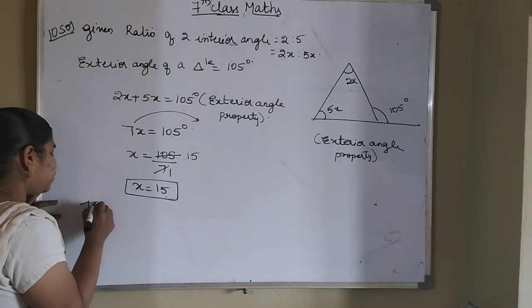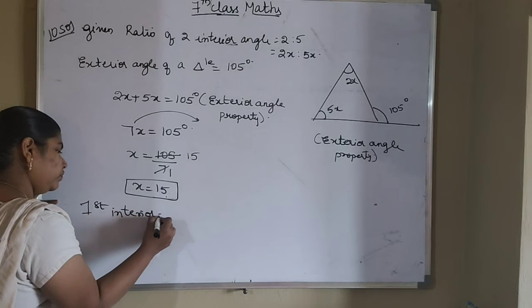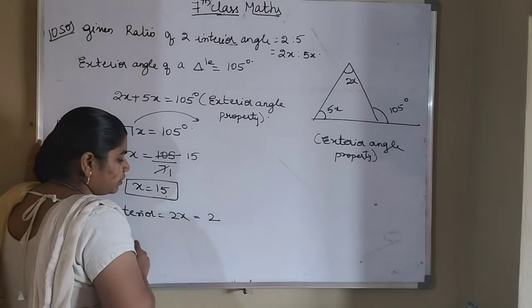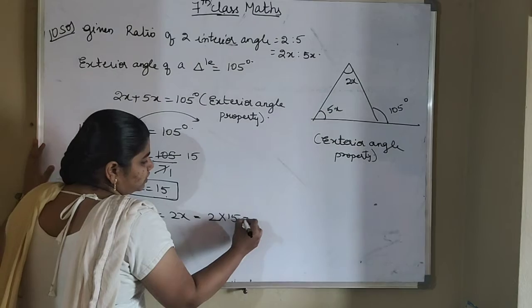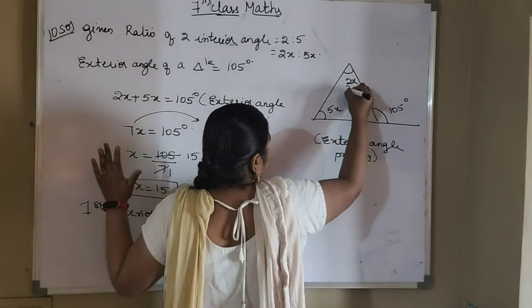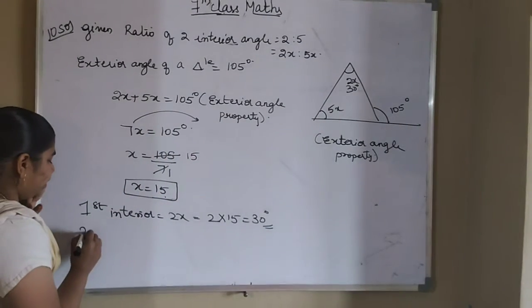So what is the first interior angle? They have given us 2x. So 2 is a constant value, x is 15, that is equal to 30 degrees. So the first interior angle is 30 degrees. Now we have to find the second interior angle.